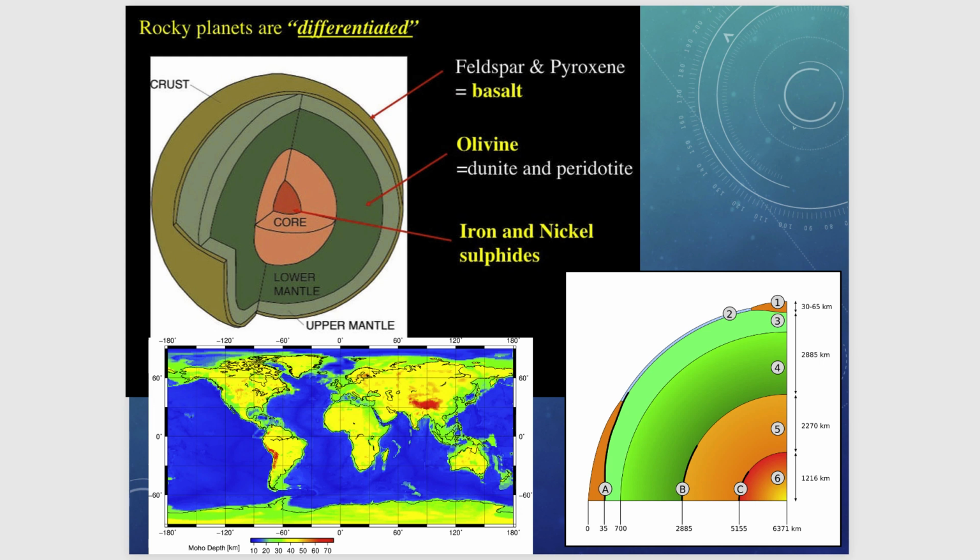So it's important to relate differentiation. If you remember, we discussed the dynamics of our planet, and I mentioned several times this idea that over time our planet evolves, and this is linked to plate tectonics.